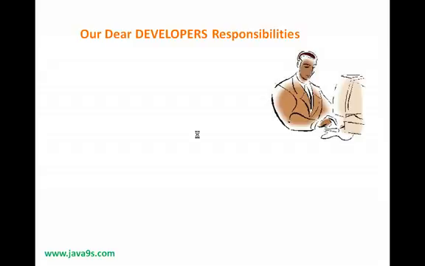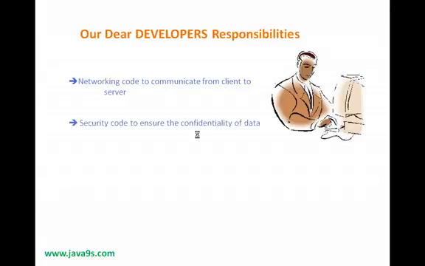First, we need to write the networking code to transmit the data between the client and server. Then, if the data is confidential, we need to write the encryption and decryption algorithms. That means the security code. If the server is supporting multiple clients, then it should be programmed to support load balancing with other servers to give better performance during peak load.